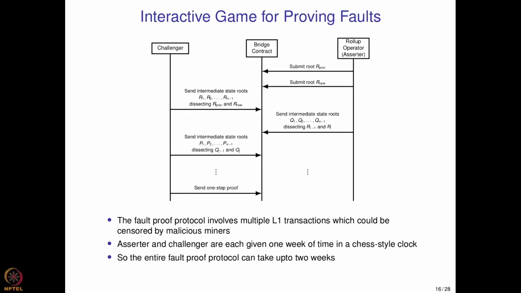Then the fees on Ethereum can become high, and if the fees are high, it may not be feasible to send these intermediate state roots here. So because of this, they just came up with an arbitrary amount of time. It is 1 week of time for each party, and it is a whole of 2 weeks for the fault protocol to go through.